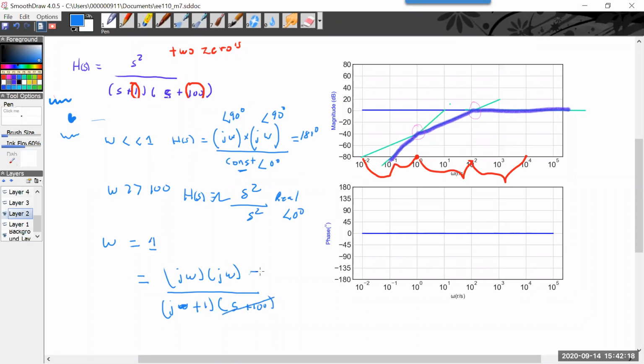This is still going to be plus 180, but now we've got a phase of 45.